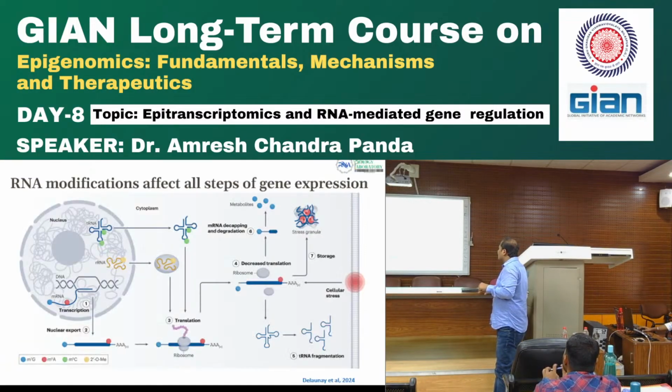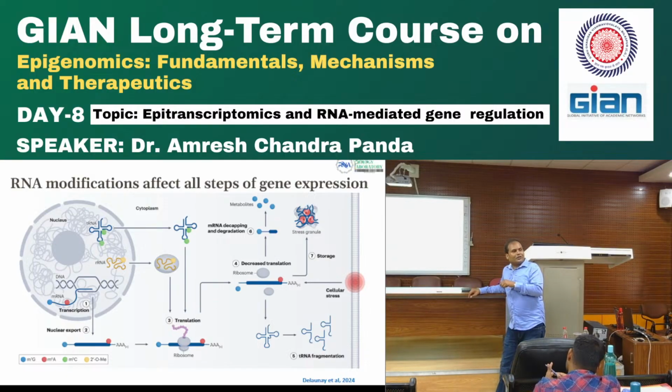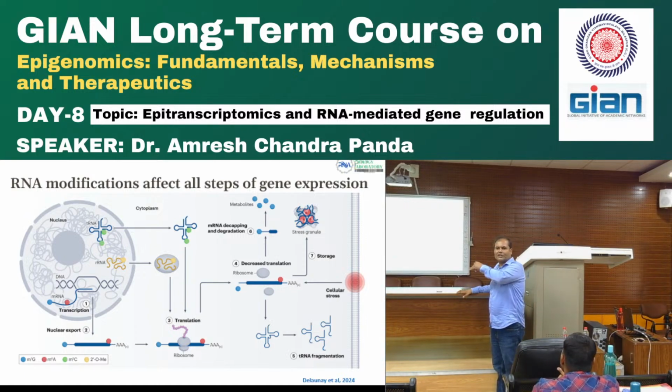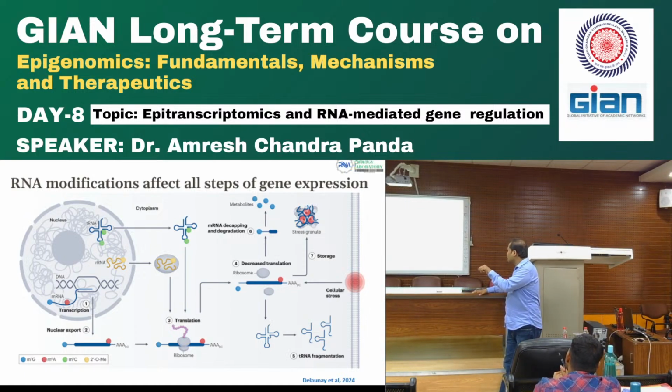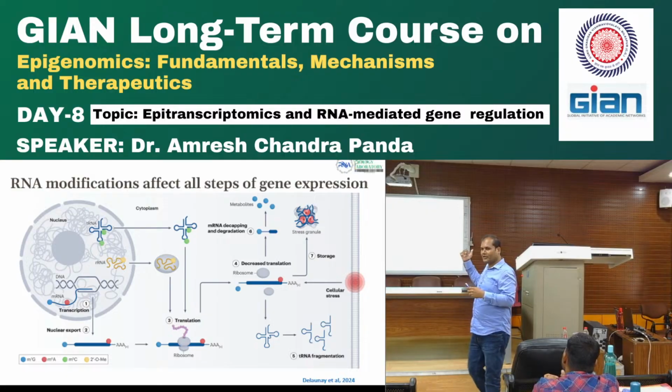Okay, so starting from the transcription, like we have discussed, once the RNA is transcribed, the cap is the first modification. Then you have splicing, you have polyadenylation, you have other modifications that lead to export of RNA to the cytoplasm, and these M6A and pseudouridine.